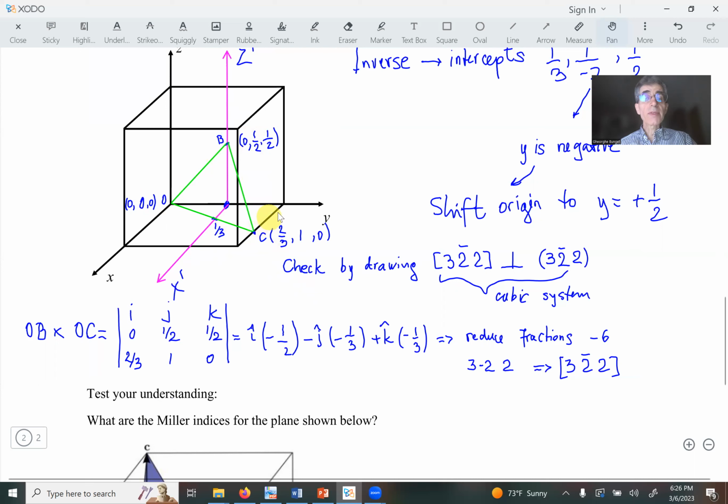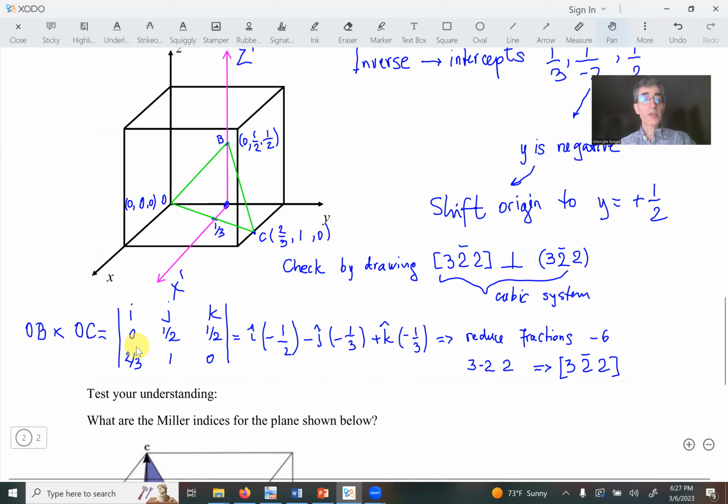Sometimes we wonder what's the point where this ends, because we knew that this is 1/3 here. But you can see that while on the y-axis we run 1/2, along the x we run 1/3. So if from here I run another 1/2, then I should run another 1/3 in here. So I end up with 2/3 there, and that will be 1 along the y-axis and 0 on the z-axis.